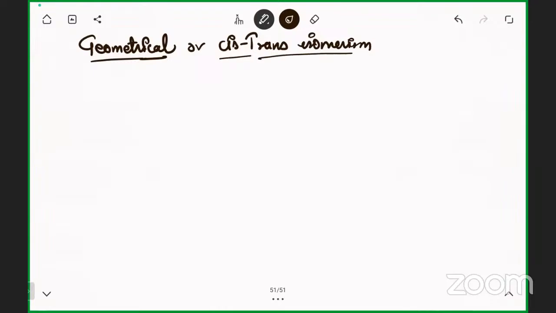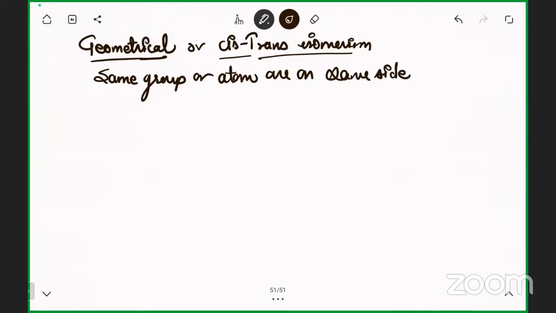So if the same group or atom are on the same side, then it is known as cis form.